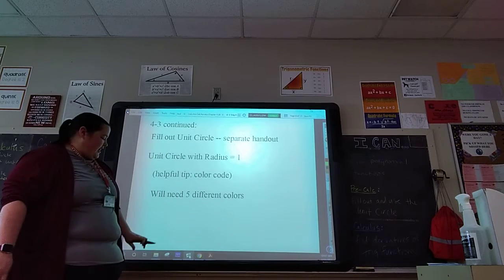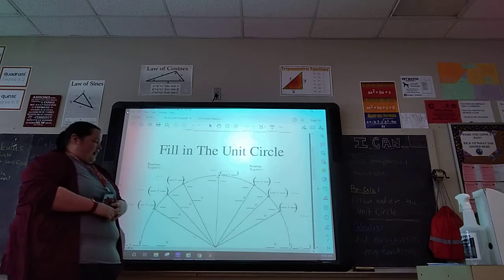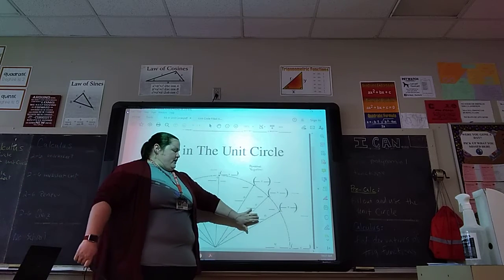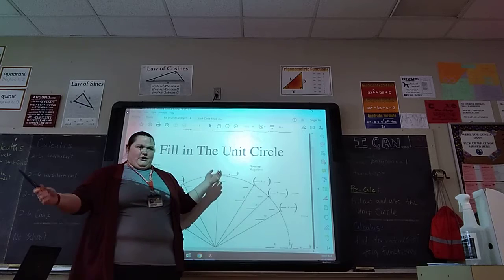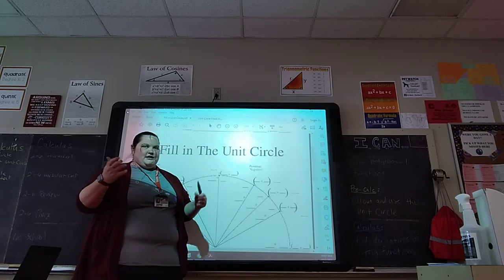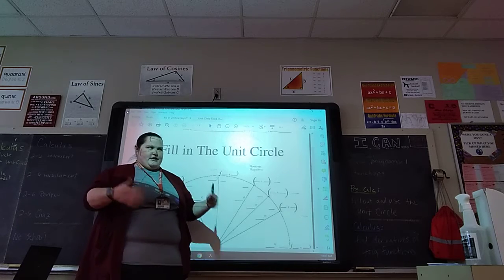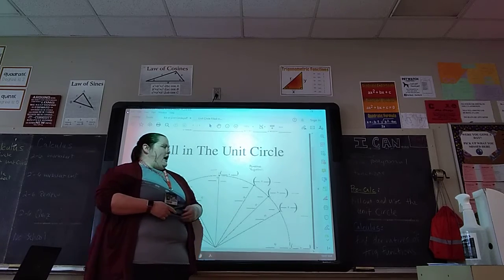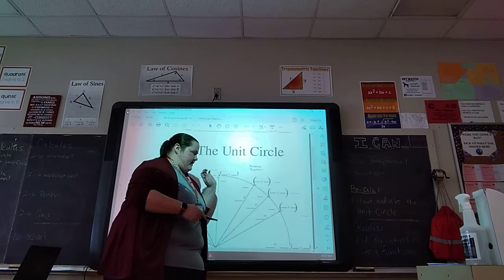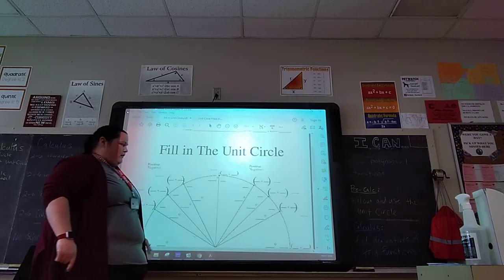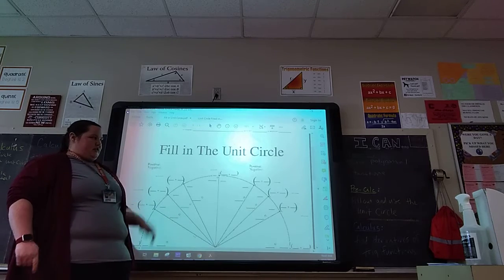So, like I said, there's 5 colors because if you look at our handout, there's 5 different blanks you're going to fill in. So these inside ones are going to be angles, and where this helps us is instead of having to rework these values every single time for these certain angles that are used quite a bit. So if you notice, there's 3 different angles in between the main turns of the circle.